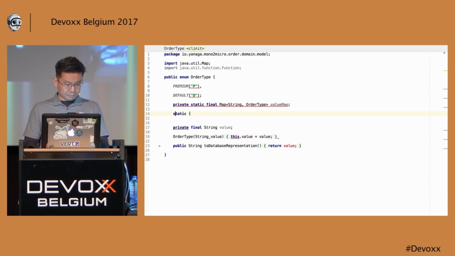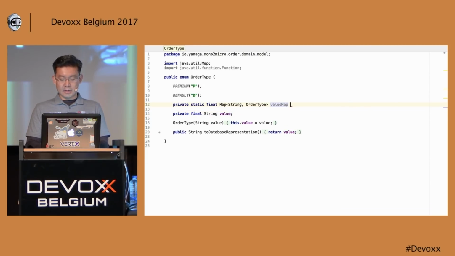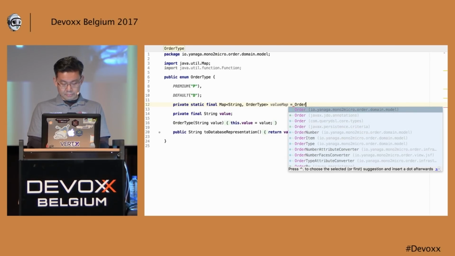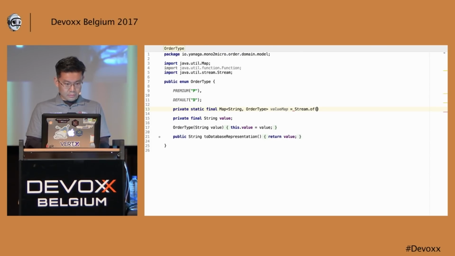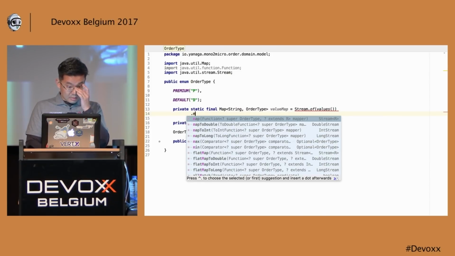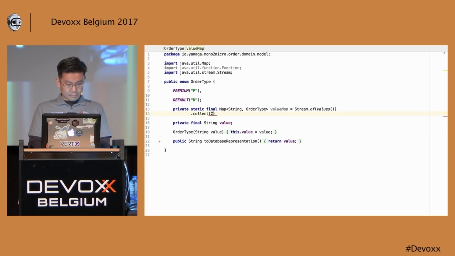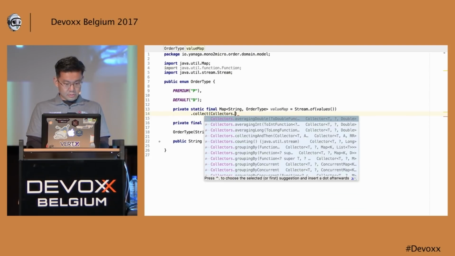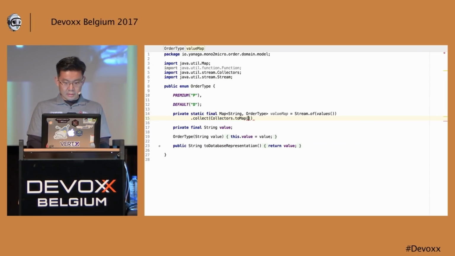But if I have Java 8, I could just say that I want to create a new order type, string of values dot stream, map collectors to map.